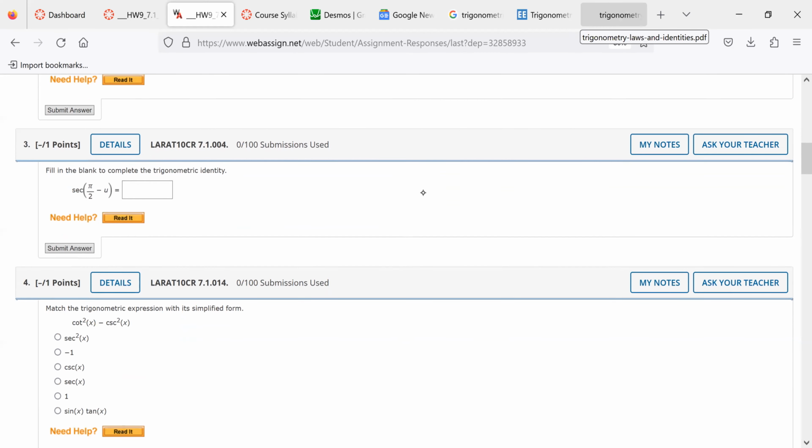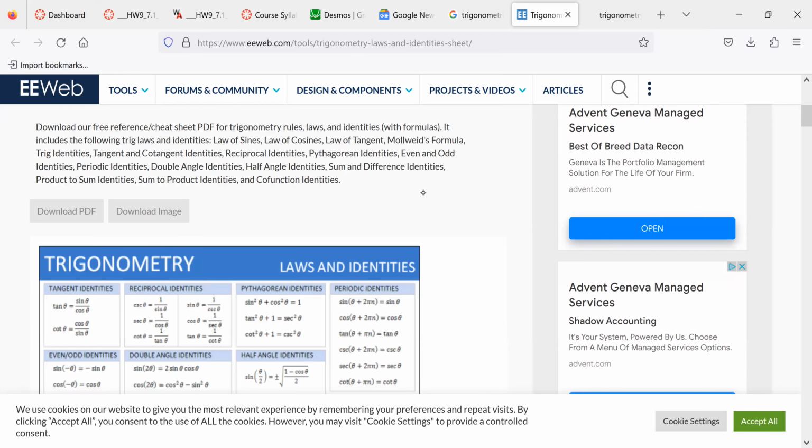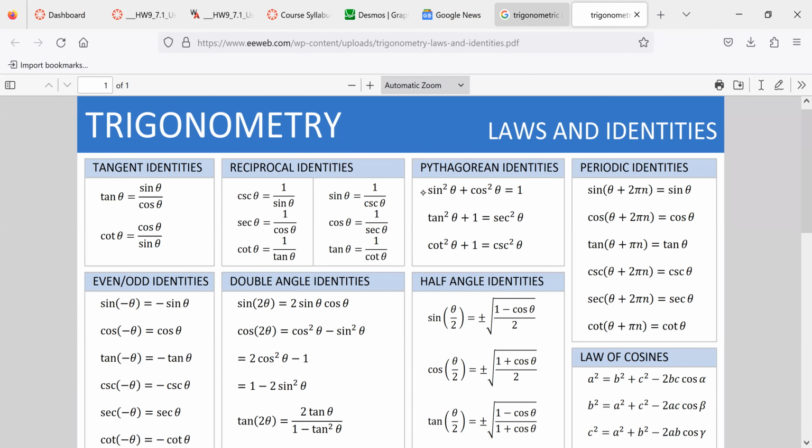This is another identity. Where did I put those things? Here? No, it's 5. Right, found it. Here it is. It's here on the right, correct?